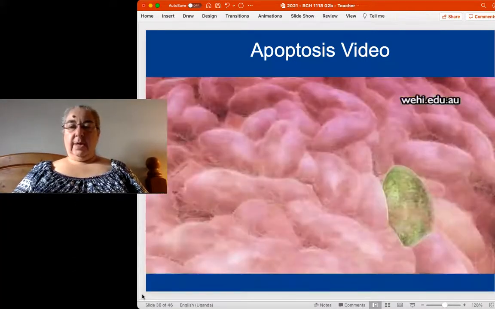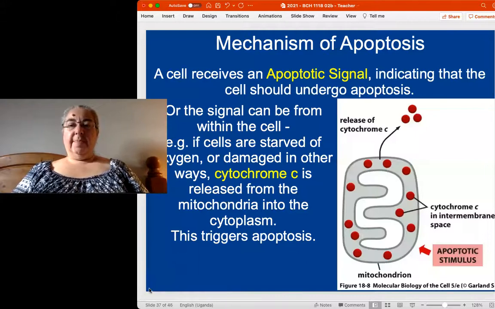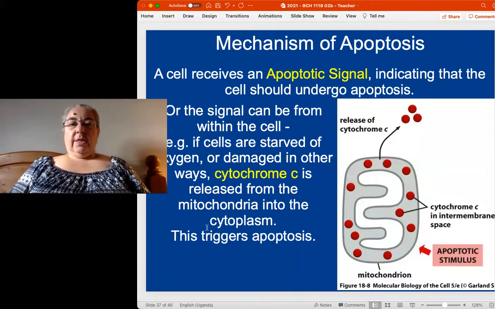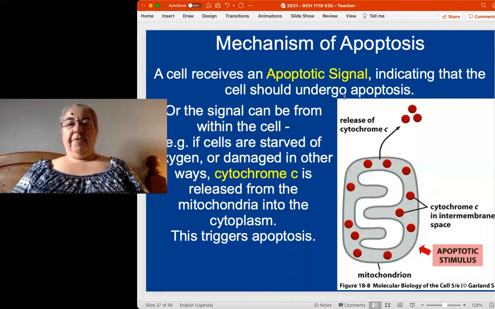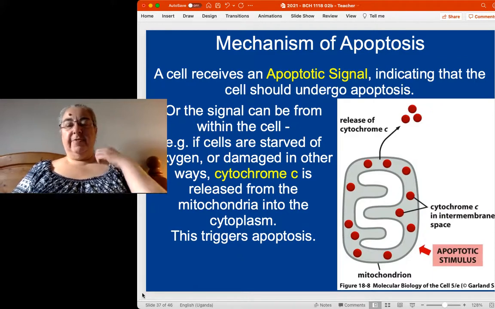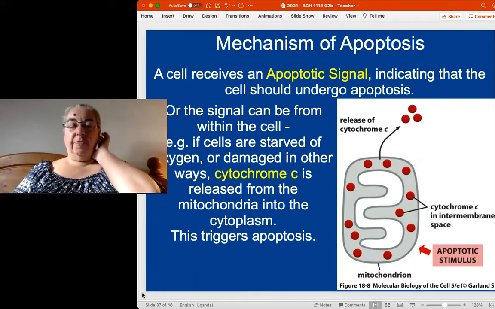Okay, so let's go through that process again. So a number of different signals can be released from the cell. They can either come from the outside of the cell. So we've seen the example of the hormone being received for the metamorphosis of a tadpole to a frog.